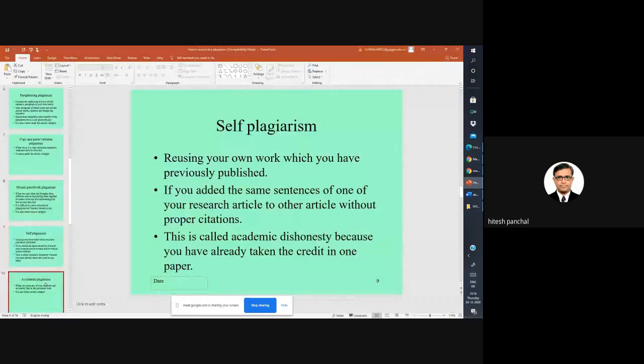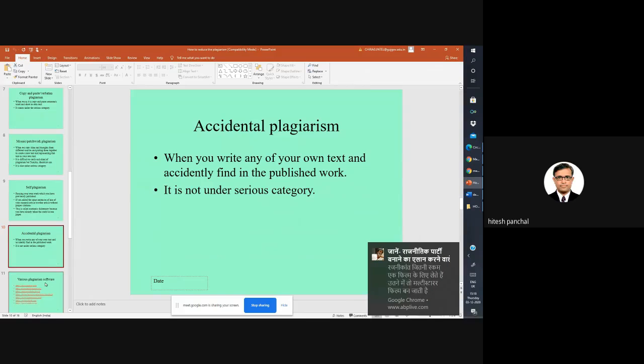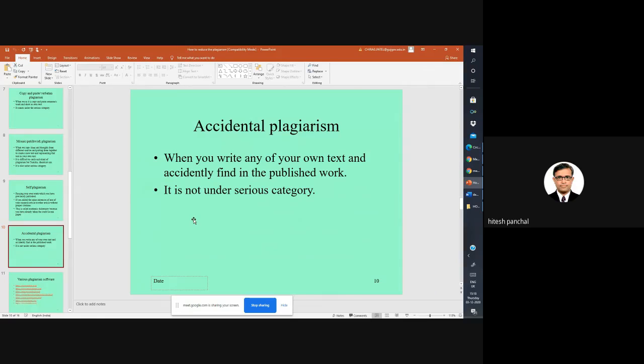And last, it is called accidental plagiarism. This accidental plagiarism does not come under the very serious category, because actually you are writing something in your own words, but sometimes the same words have also been used by some other researchers.